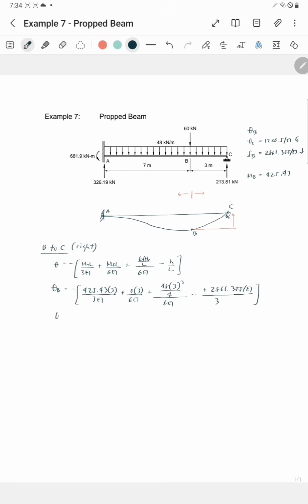So the theta B is equal to positive 474.355 over EI. Positive means that the rotation at B is counterclockwise.